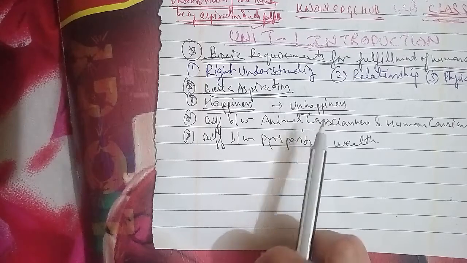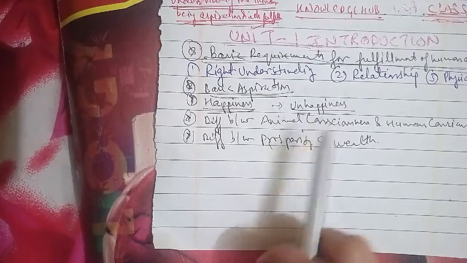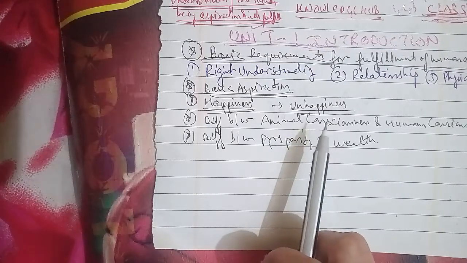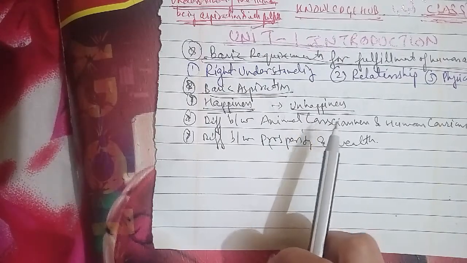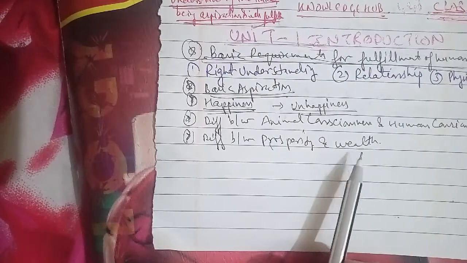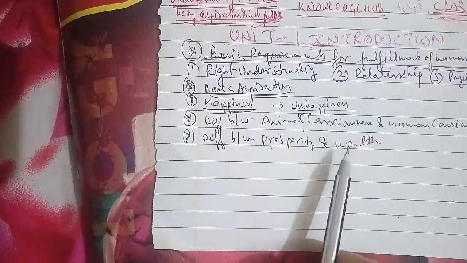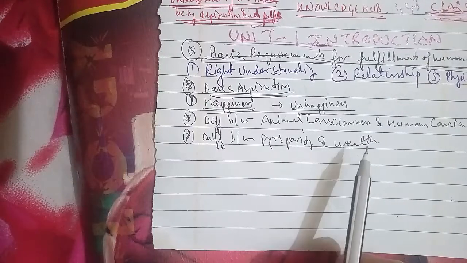Now we talk about the four levels of our living. What are the four levels of our living?